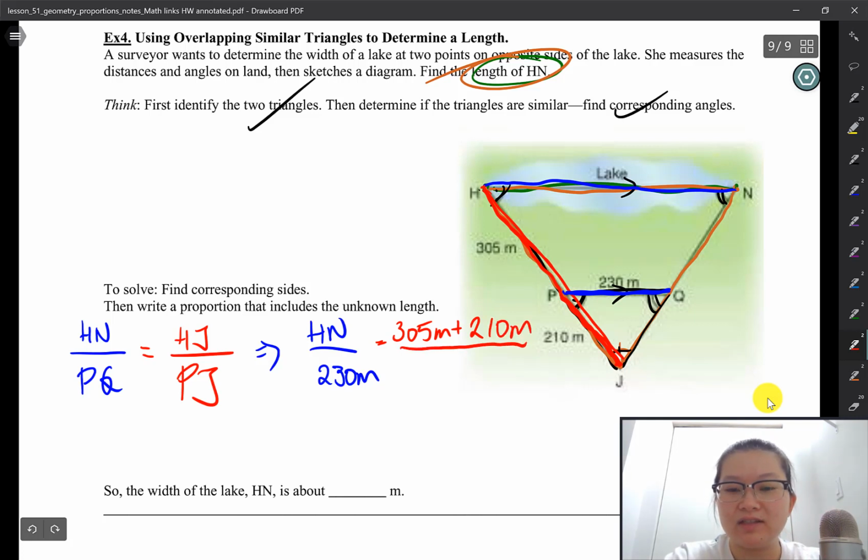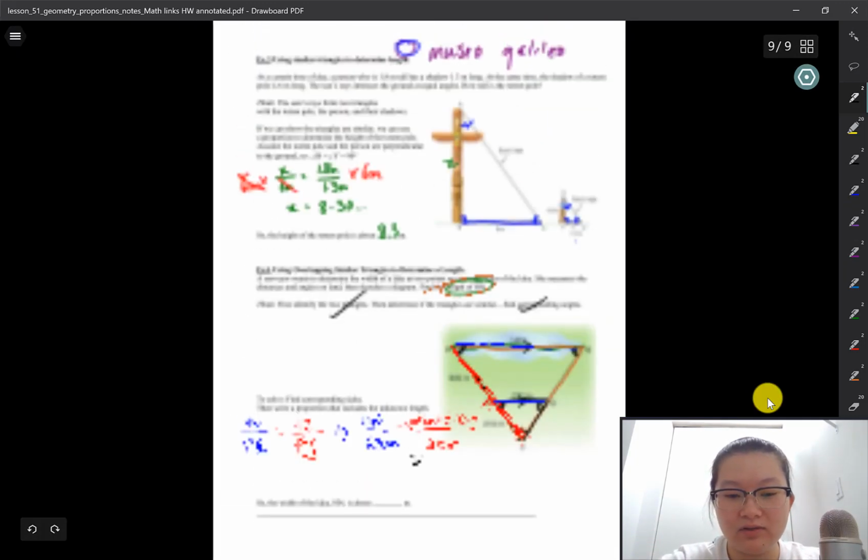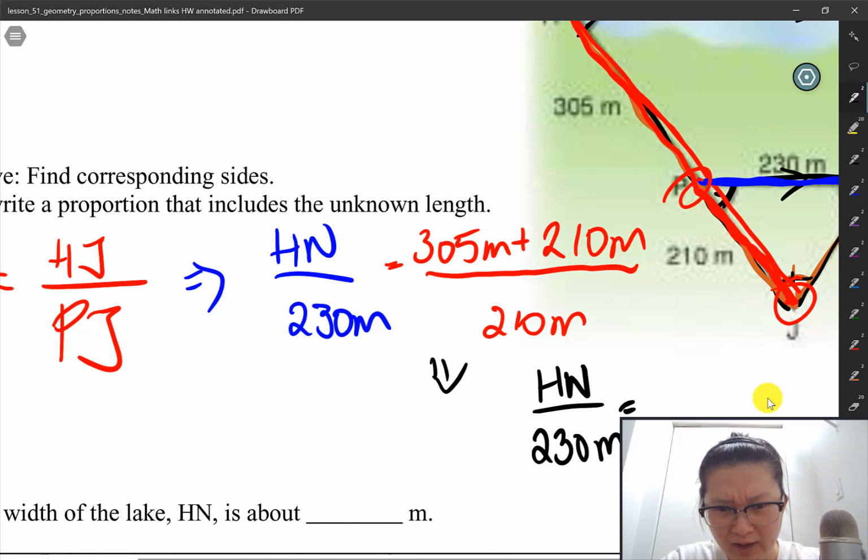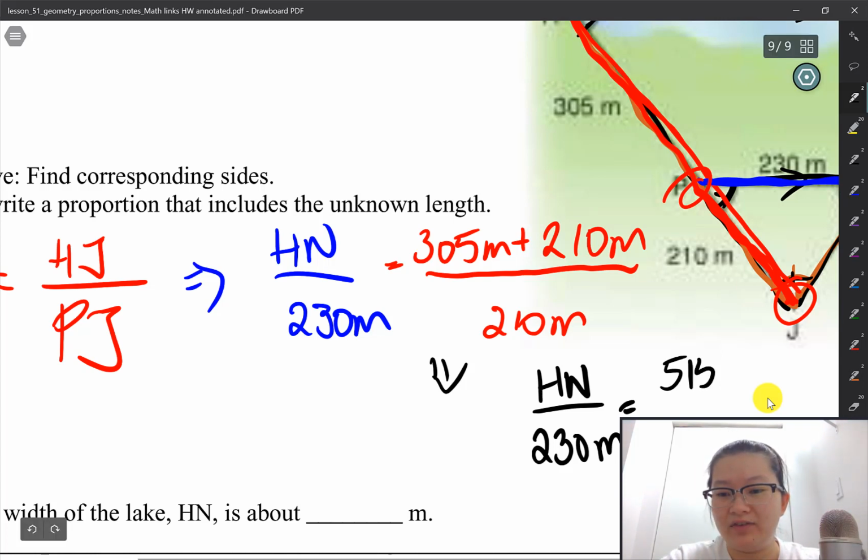Just be careful, you have to add the two sides together to get the entire length of the side of the triangle. And that's going to be over PJ, which is just from here to there. That's just 210 meters. So if I simplify this, it's going to look like HN over 230 meters. 305 plus 210 is 515, so 515 meters over 210 meters.